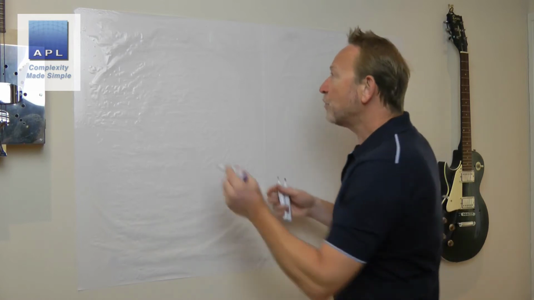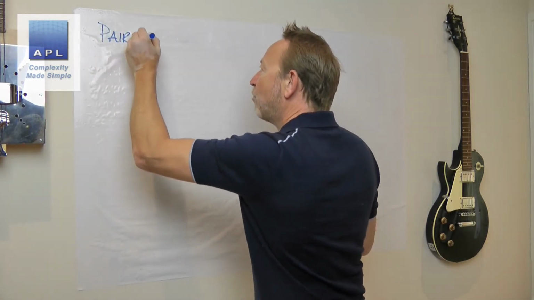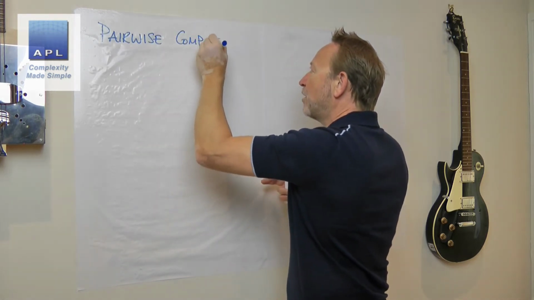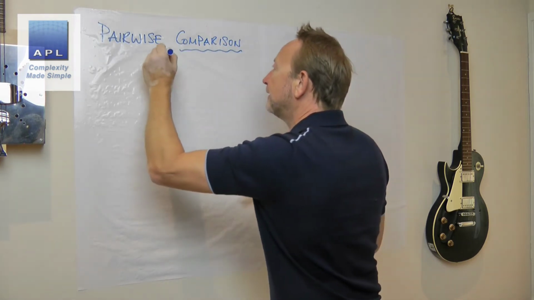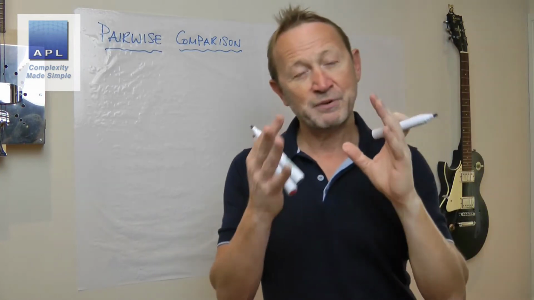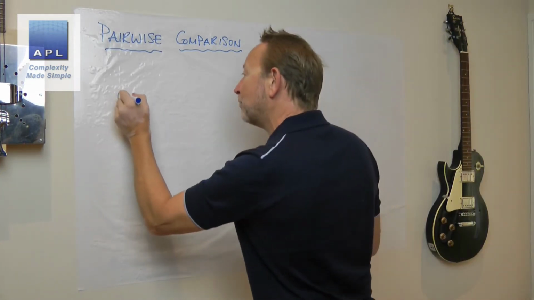Fantastic. So let's get into pairwise. Now, we're going to just quickly introduce pairwise comparison. The reason I wanted to do this little introductory section is just to remind you that normally pairwise comes with component swapping.